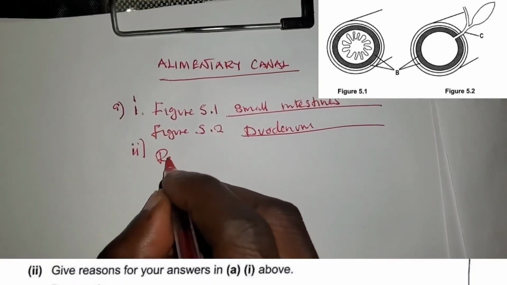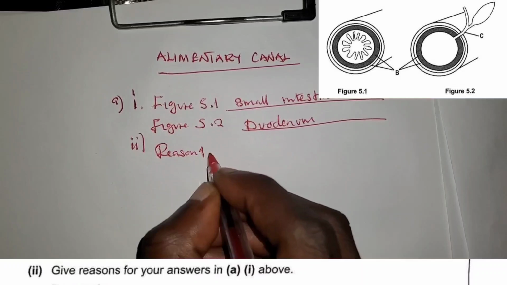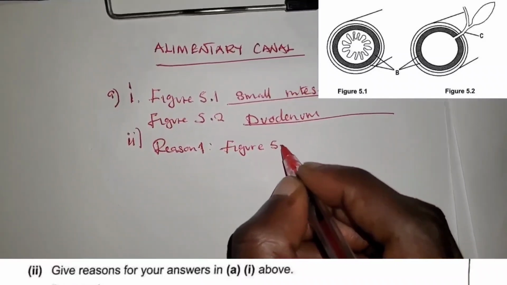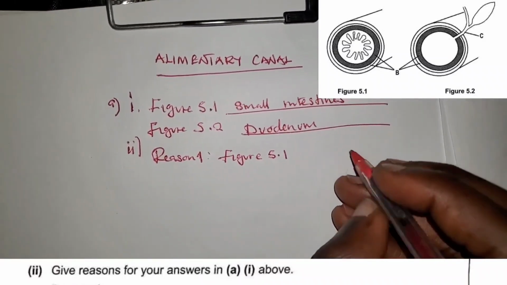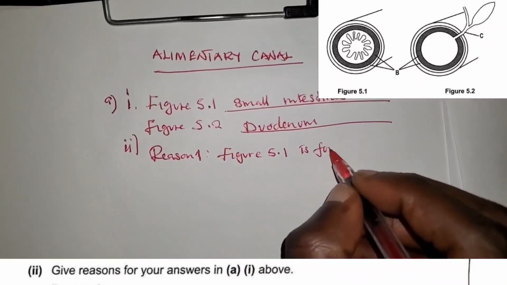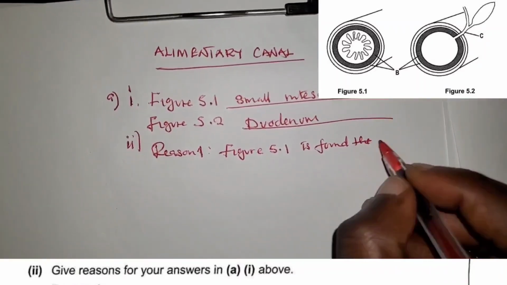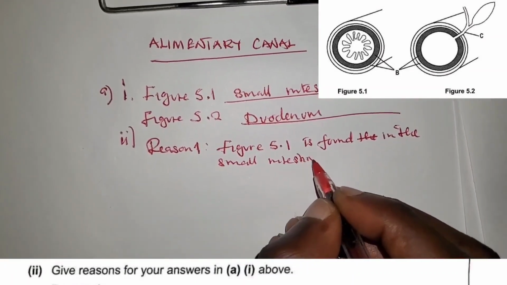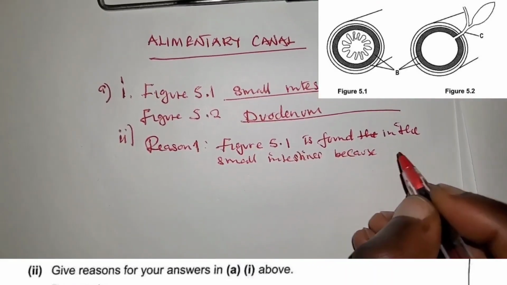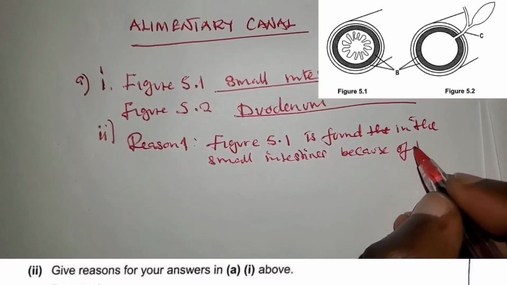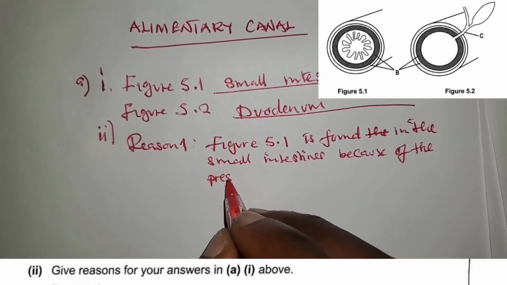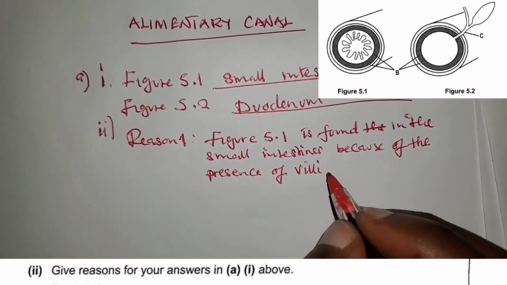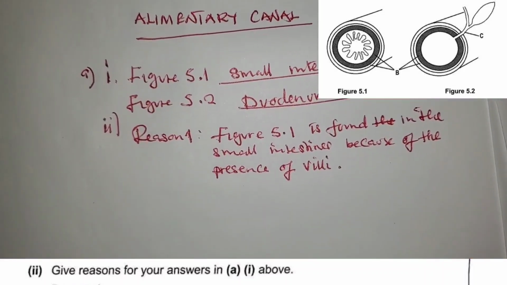You can say reason one, figure 5.1 is found in the small intestines because of the presence of villi. Okay, those structures in the inner lining.